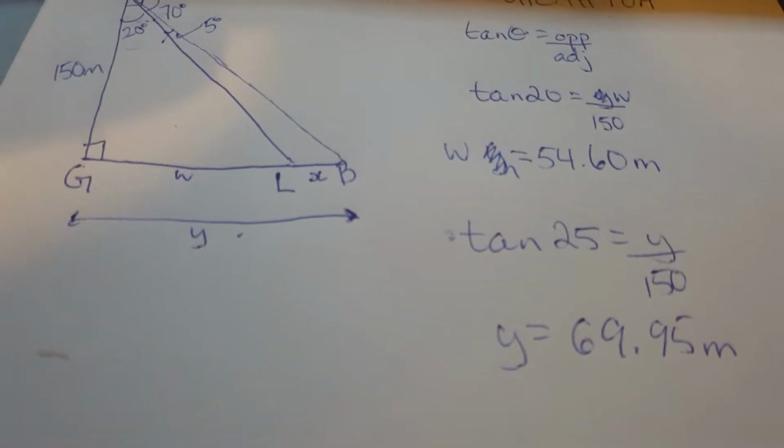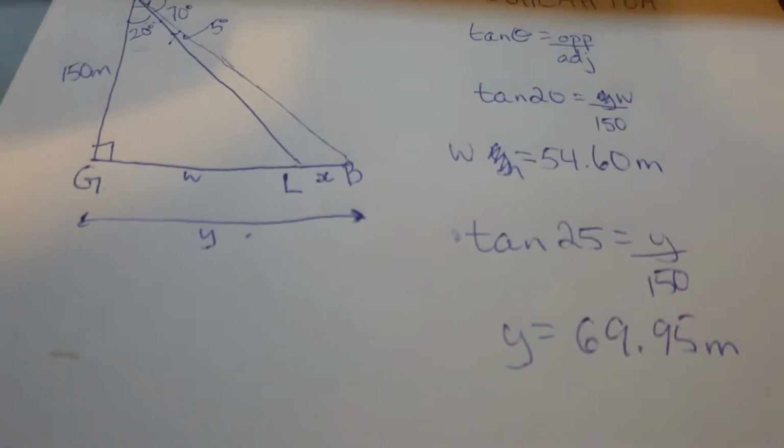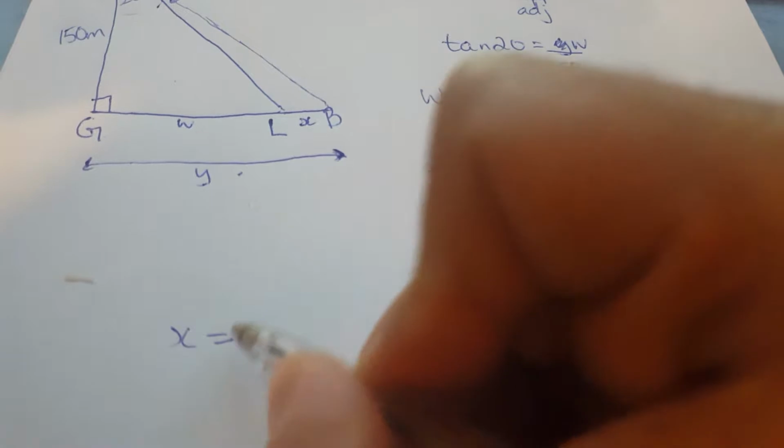So now to get x, it would be pretty logical. I just need to subtract them, right? So I know that x is going to be equal to y minus w.